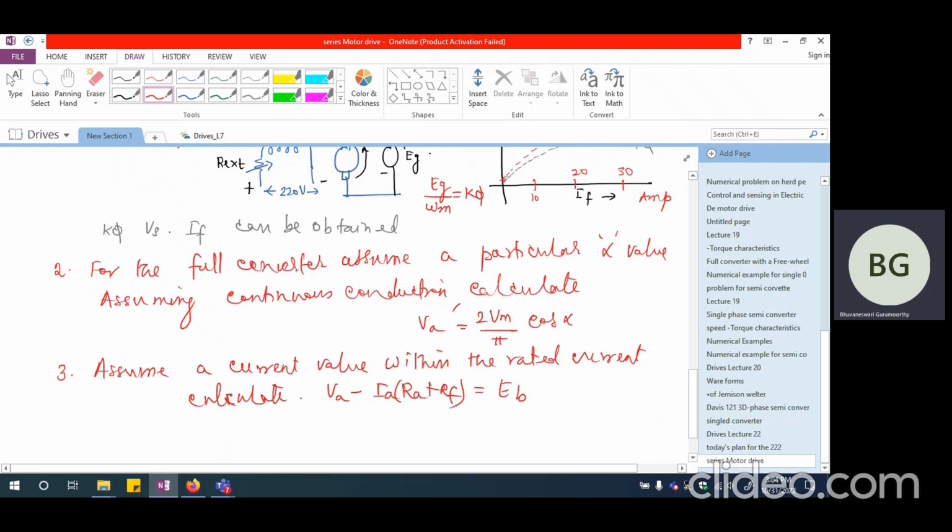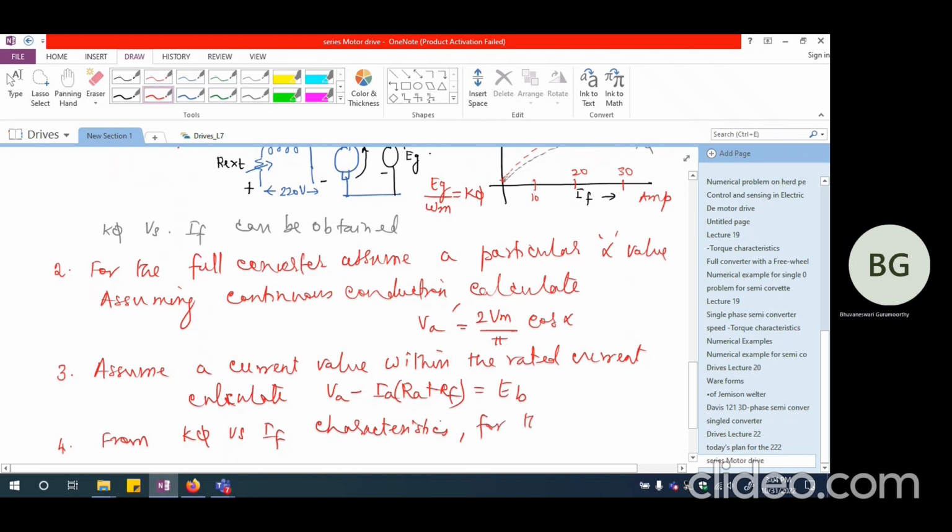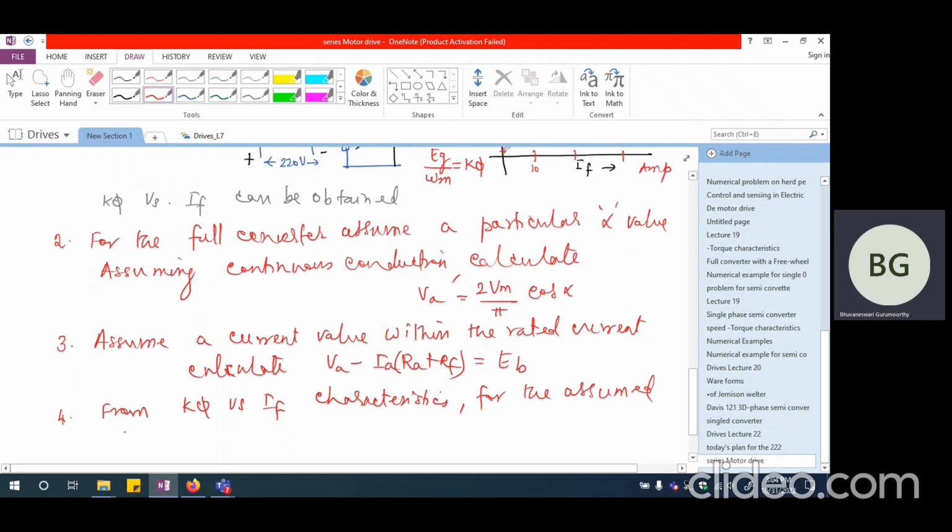So once you calculate the back EMF, now what you are going to do is, from the K5 versus IF characteristics for the assumed current value, get the corresponding K5.